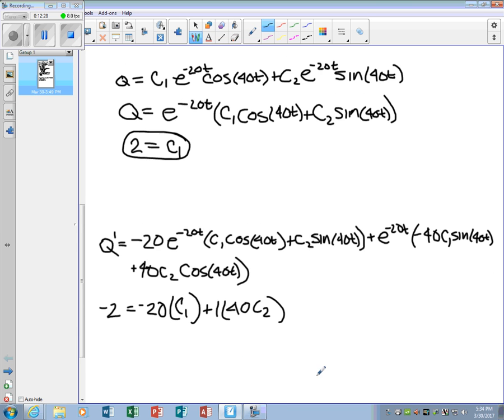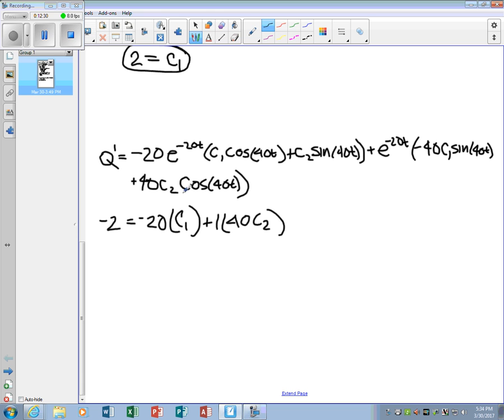Now we know what C1 is, so it's going to be 2. So this is negative 2 equals negative 40 plus 40 C2. And now we're going to bring this 40 over here, so it's going to be turned to positive, so we have 38 equals 40 C2.